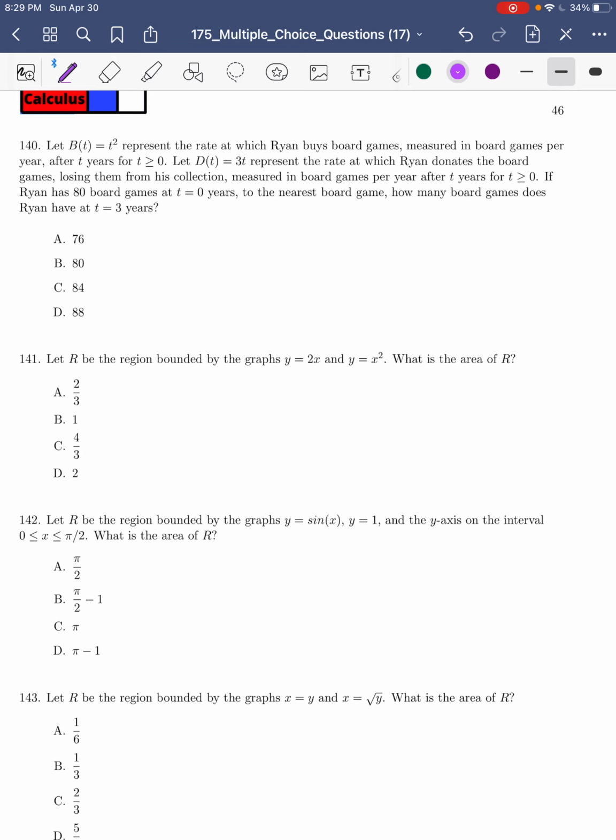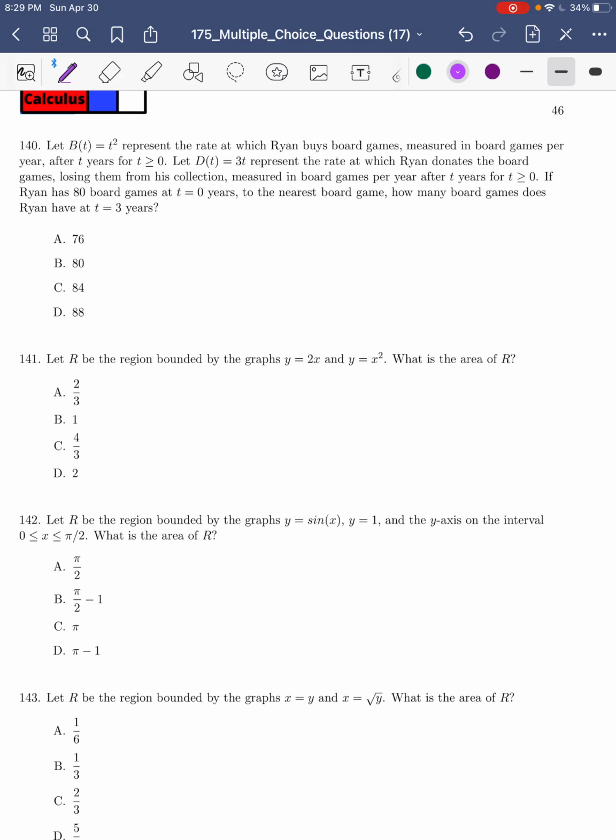All right, 140. So we have an equation about this guy's board games. And it's basically saying D of t is the rate that he donates them, B of t is the rate that he gets them.